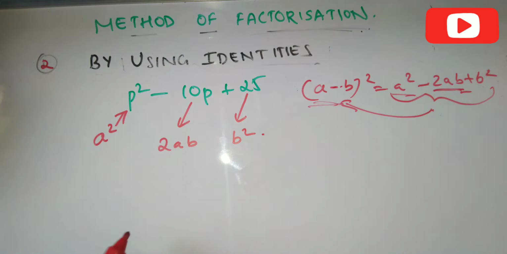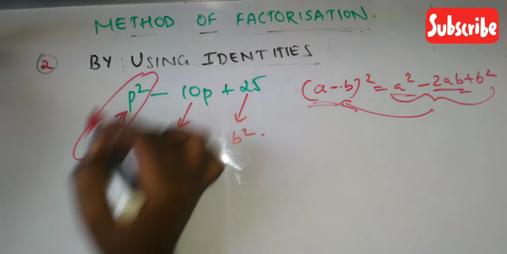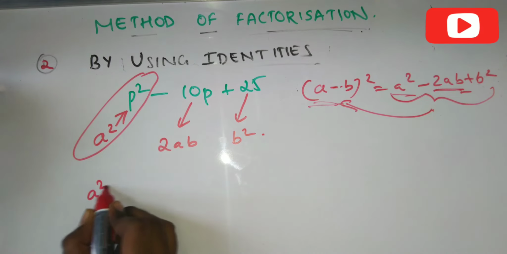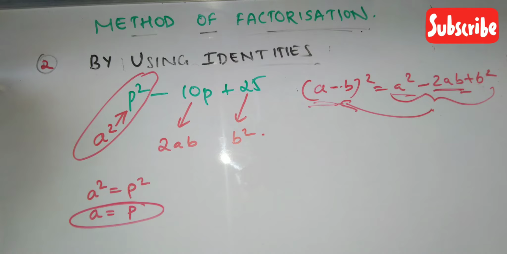Now we have to find a square. What is a square here? A square is nothing but p square, so a is nothing but p. We got a. Now we have to find b.